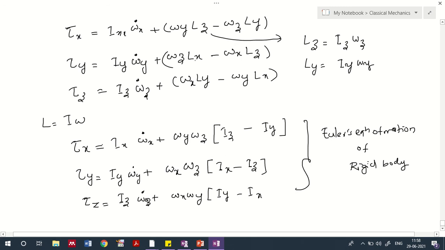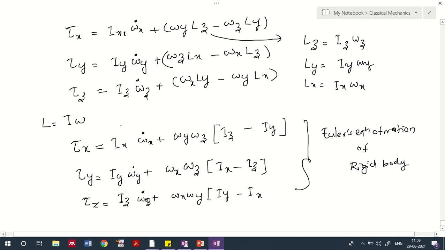Similarly, here you can substitute Lx, which is equal to Ix omega x, and take omega x omega z outside, writing it as omega x omega z (Ix minus Iz). So we just substituted Lz, Ly, Lx, then took out the common terms, and came to the equations.